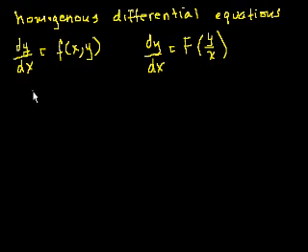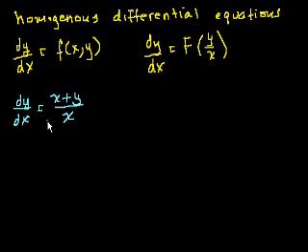So let's say I'll just show you some homogeneous equation, and then we'll do the substitution. Let's say that my differential equation is the derivative of y with respect to x is equal to x plus y over x. And you can, if you'd like, try to make this separable, but it doesn't seem that trivial to solve, at least by inspection.